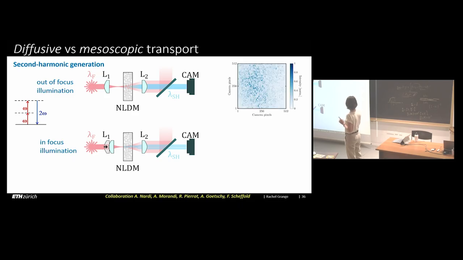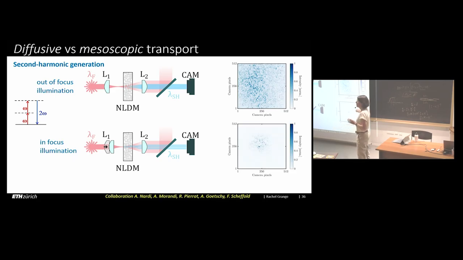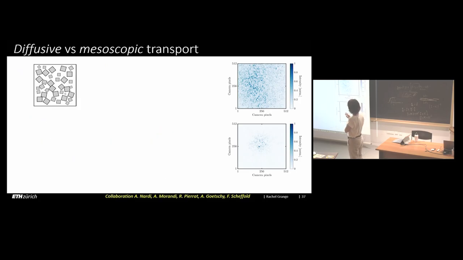And what we see is two kinds of speckle. This is the speckle when we are out-of-focus illuminated, and this is the speckle when we are doing in-focus illumination. So we are just modeling what is happening inside our totally randomly structured material.